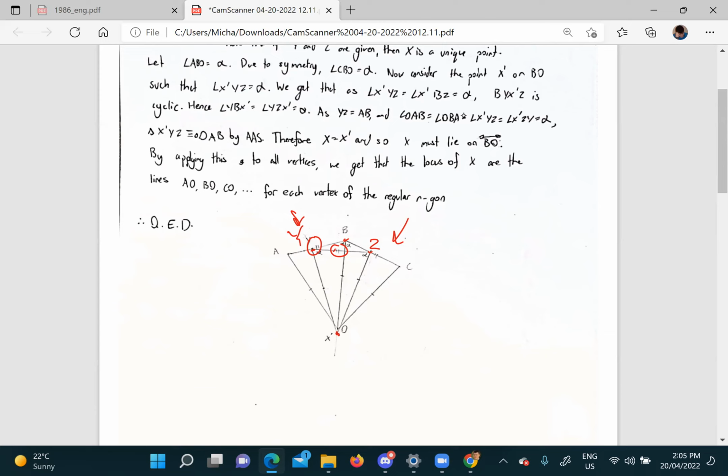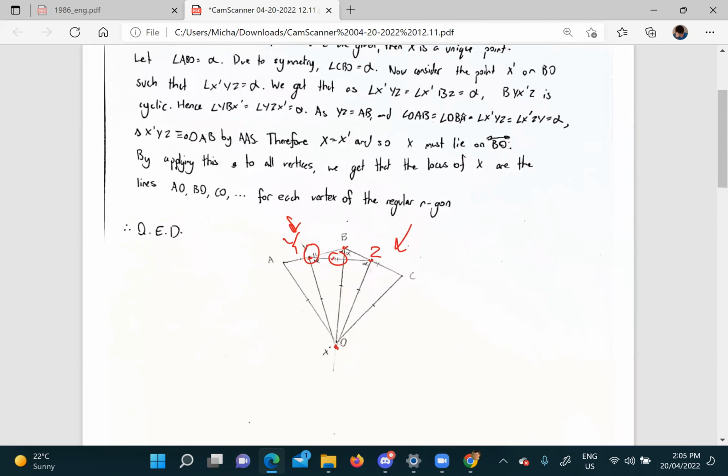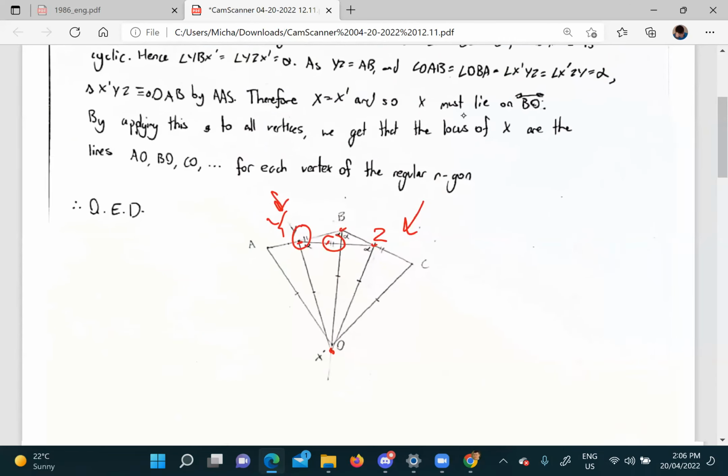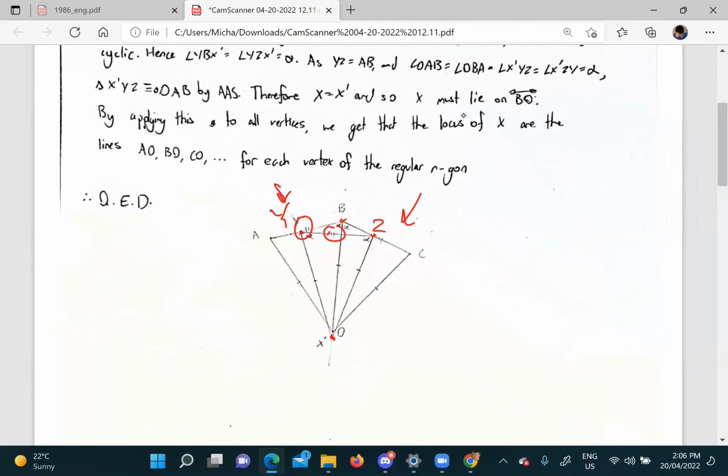Alright, true. Oh, now it's congruent. He kind of did a similar idea to what I did, but phrased differently. But it is true that these are congruent triangles. Therefore, X is X prime, and so X must lie on BO. By applying this to all vertices.